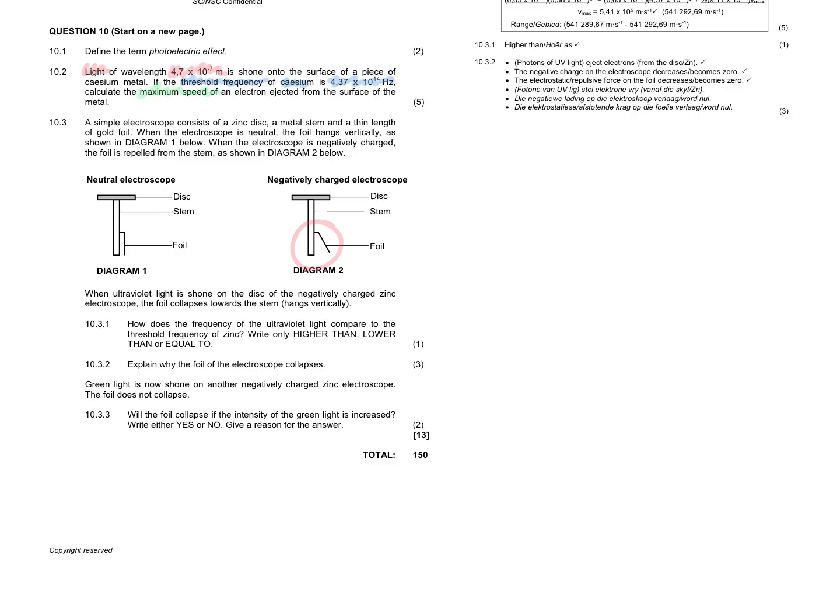The negative charges have left the stem. So it is no longer negatively charged because the electrons have left. So the frequency of the ultraviolet light is higher than the threshold frequency of zinc because it's now neutral.